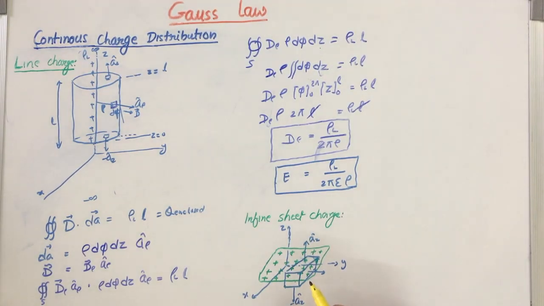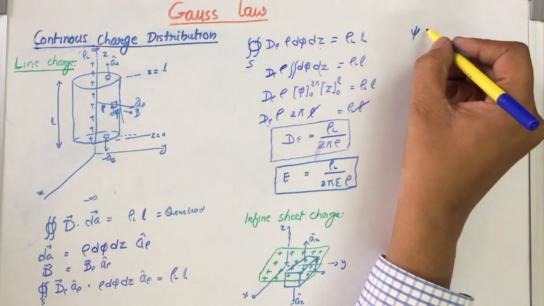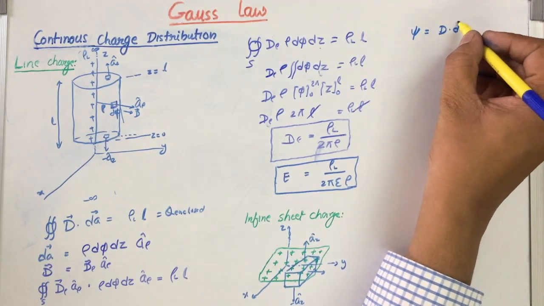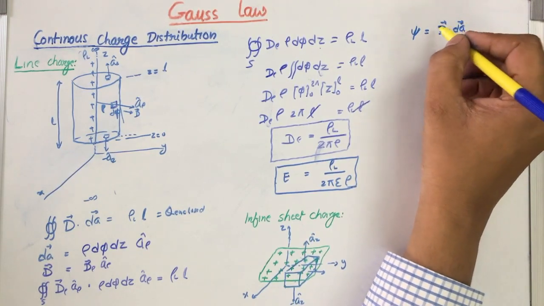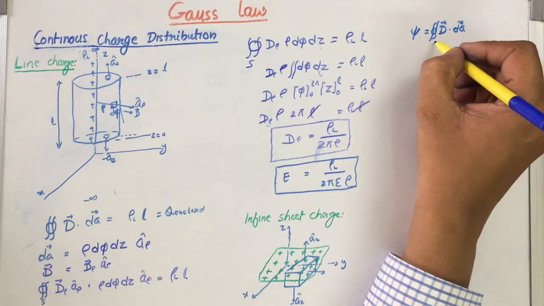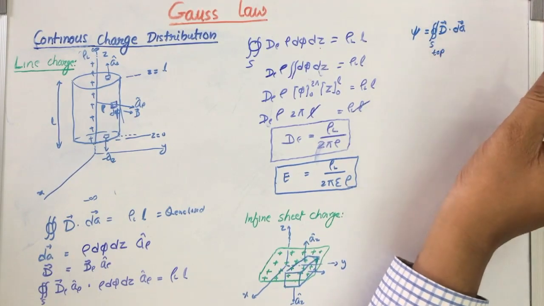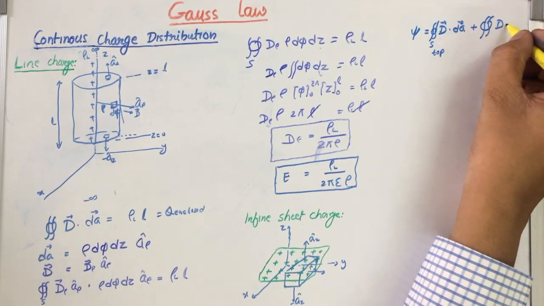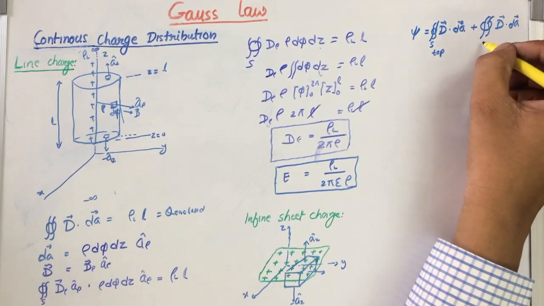So once we know that we have to consider only the top and bottom surface, from there we can say flux will be equal to D dot dA for the top surface plus D dot dS for the bottom surface.